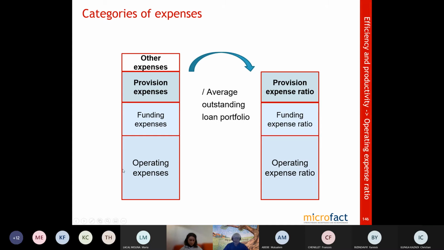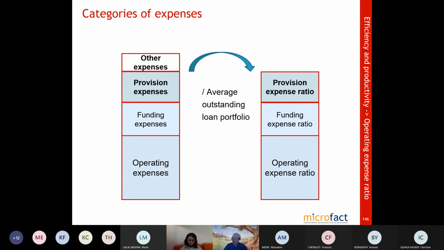Sometimes, if you want, you can split operating expenses into staff expenses and other administrative expenses, and then you have the staff expense ratio and the admin expense ratio. So you can create your own if you want, but this is not done in the sector. You will see it's always these three categories that are used for this analysis.